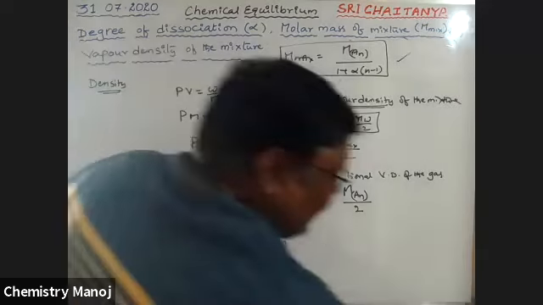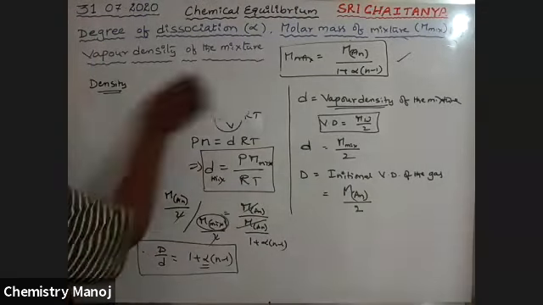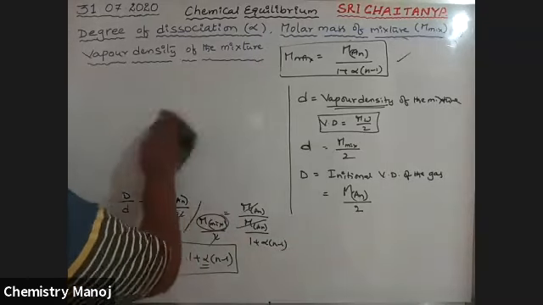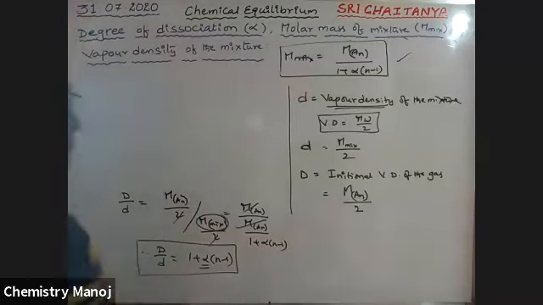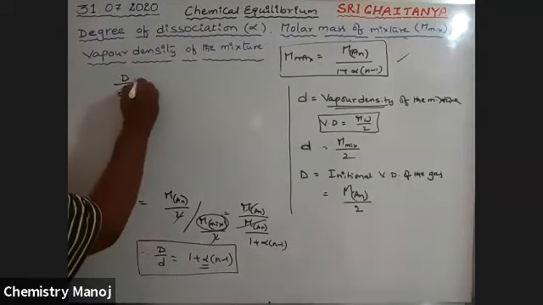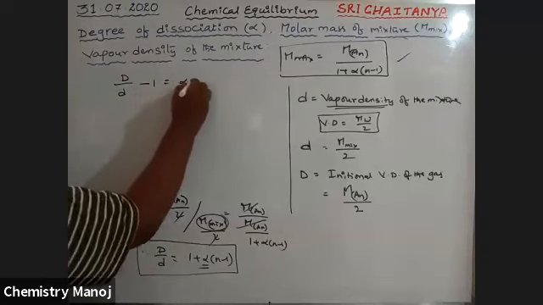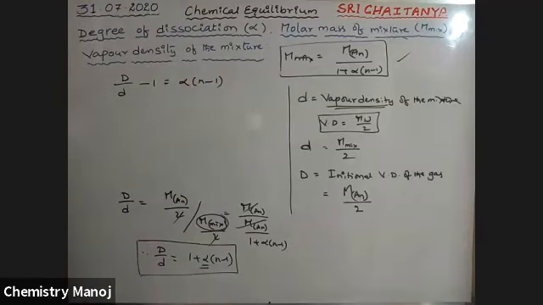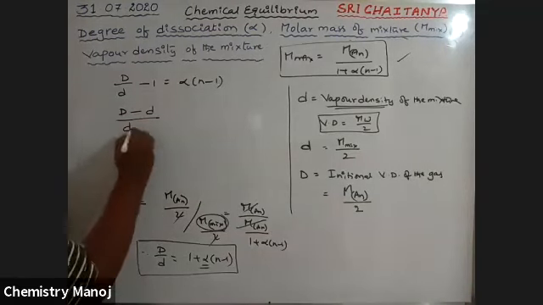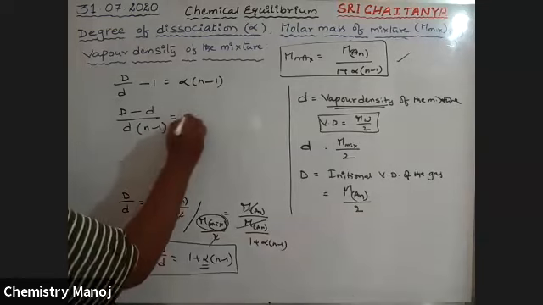Now I am trying to calculate that alpha value. From this, capital D by small d minus 1 is equal to alpha into n minus 1. So therefore, capital D minus small d by small d into n minus 1 is equal to alpha.